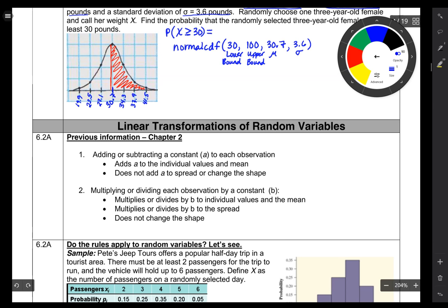And that gives us a probability of 0.5771.